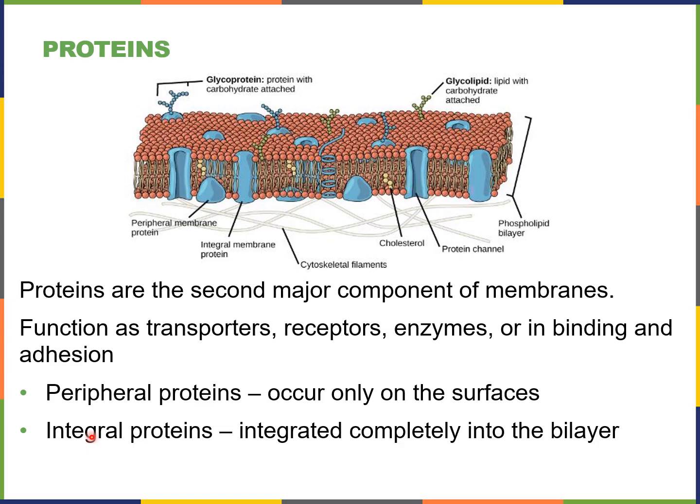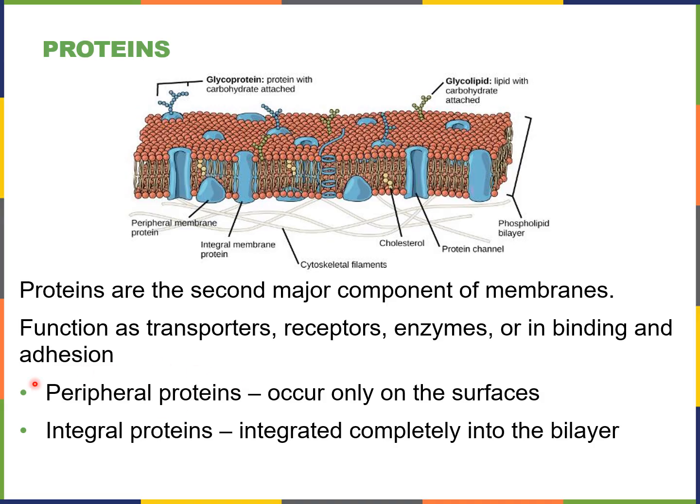Membrane proteins come in two types: peripheral or integral. Peripheral proteins are located on either the inner or outer surface of the membrane. Integral proteins are embedded within the membrane, often spanning both sides of the phospholipid bilayer.